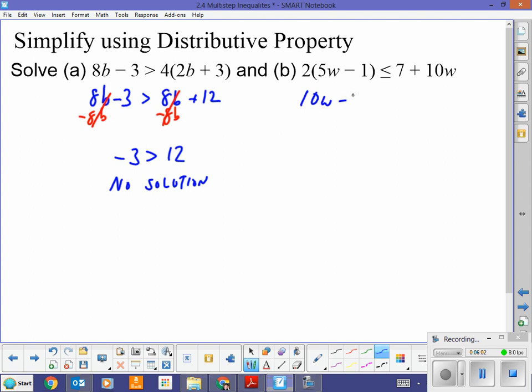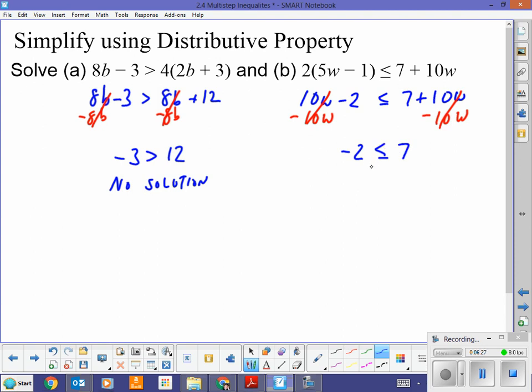And 2 times 1 is 2. And again, here we can see that if I subtract 10w from both sides, they're going to cancel out on both sides, leaving me negative 2 is less than or equal to 7.